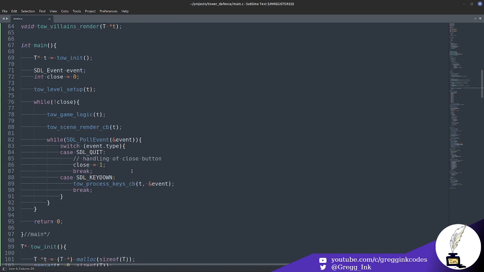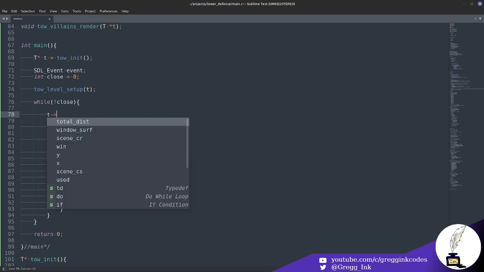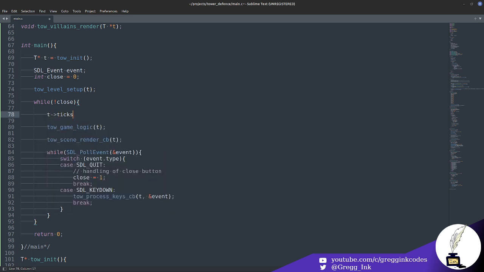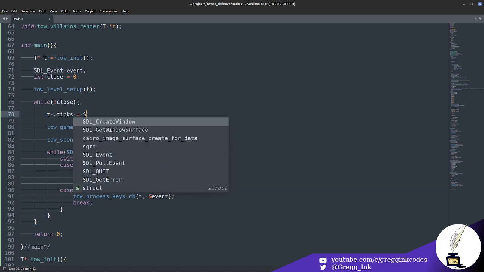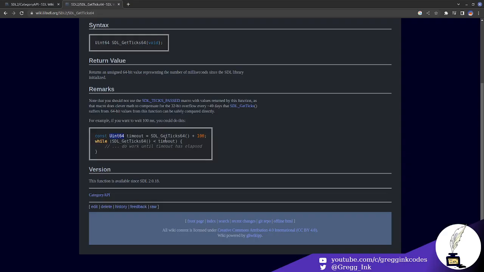So ticks. So where do we keep track of the ticks? Well, maybe that's the first thing we need to do in the main loop. Okay, is they'll get tick 64.